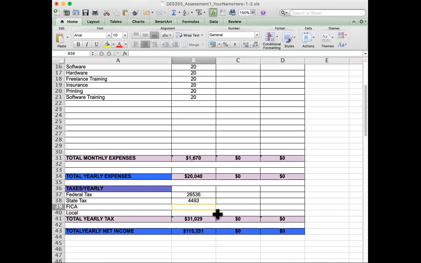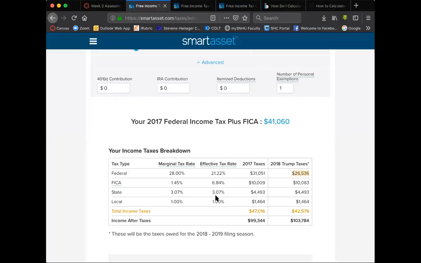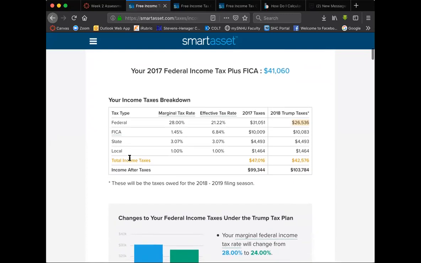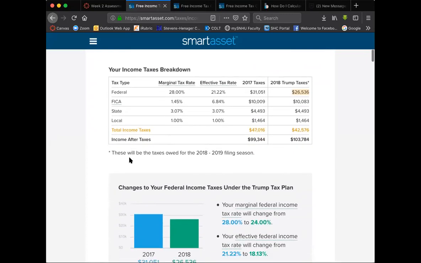Okay, you can see it adjusting down here. Social Security tax. Go back. Sorry, I'm flipping back and forth here so much. Oh, sorry, wrong one. All right, so I think what we're going to do, Social Security tax here, we don't really have Social Security added in here. We have federal, state, FICA, and local.